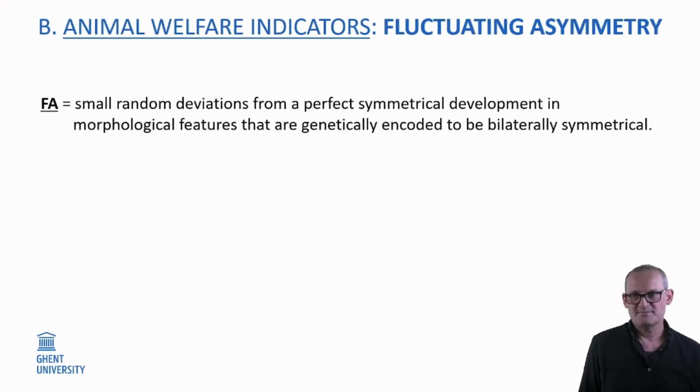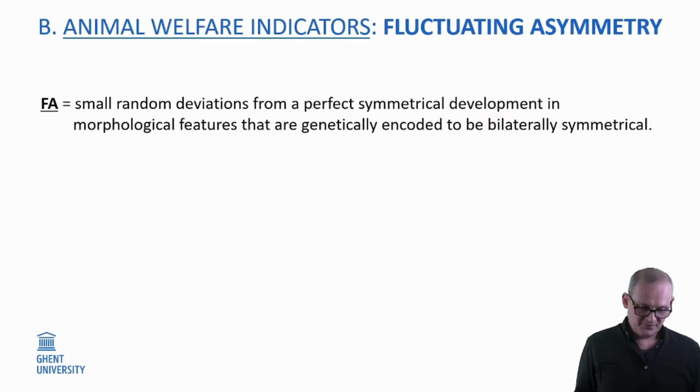So what is that? Fluctuating asymmetry is about small, random deviations from perfect symmetrical development of the body in those morphological features that are genetically programmed to be perfectly symmetrical.